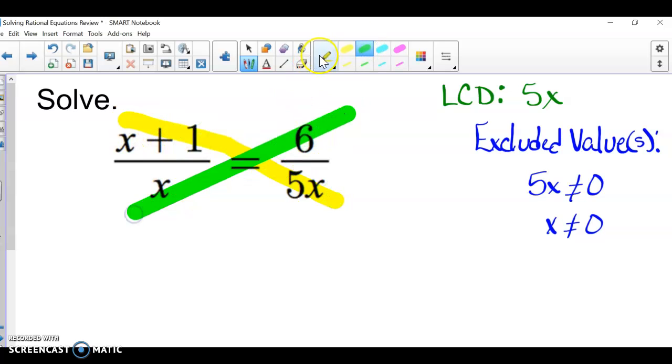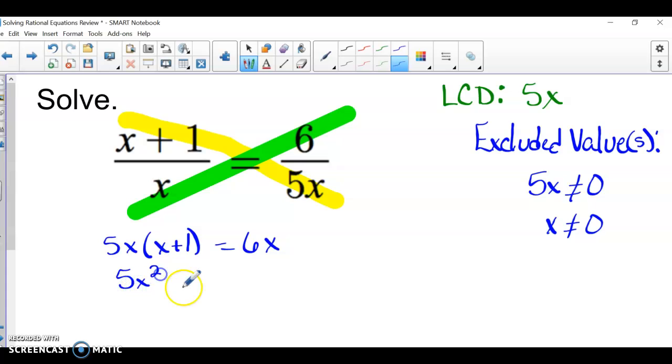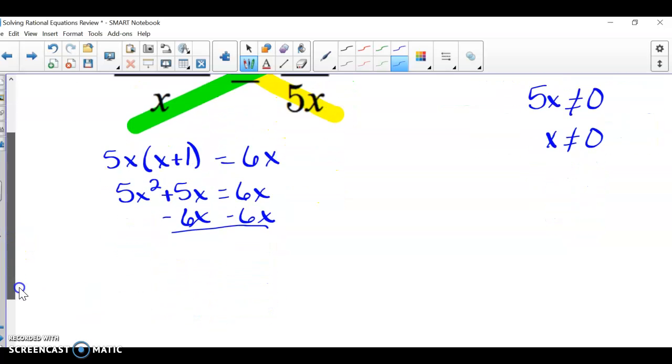When we have one fraction equals another fraction, remember we said we could solve this one easily by cross multiplying. So if we cross multiply this one, we have 5x times x plus 1 is equal to 6 times x. If I use my distributive property, I get 5x squared plus 5x is equal to 6x. If I subtract 6x from both sides, because I'm trying to get my variables all on one side, it has a quantity that is squared, so it's a quadratic equation.